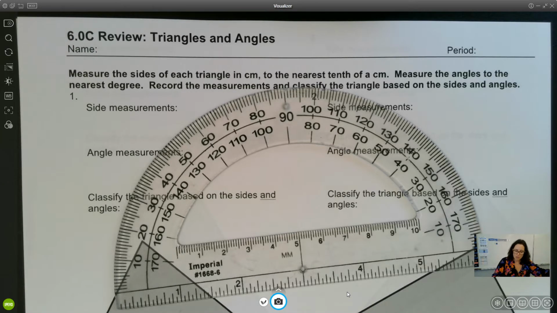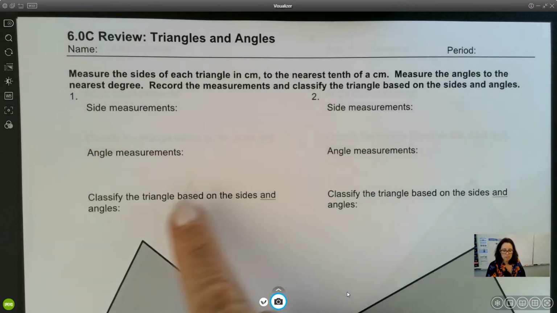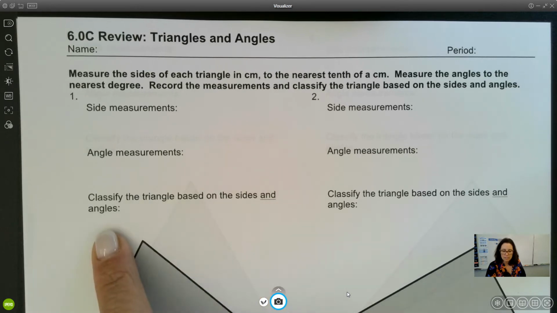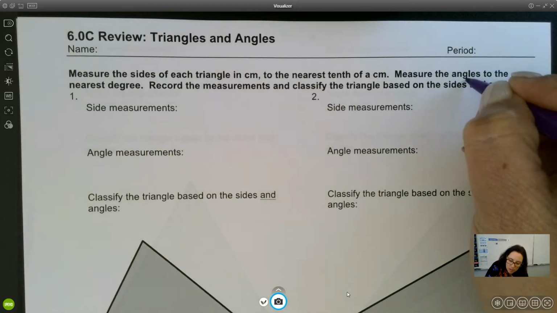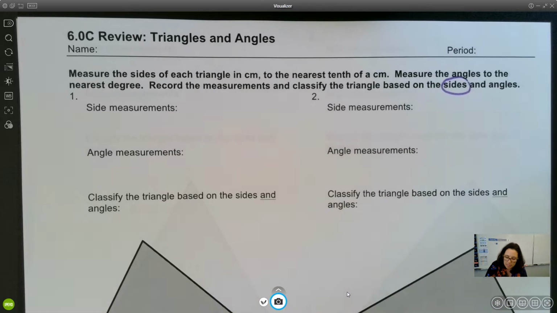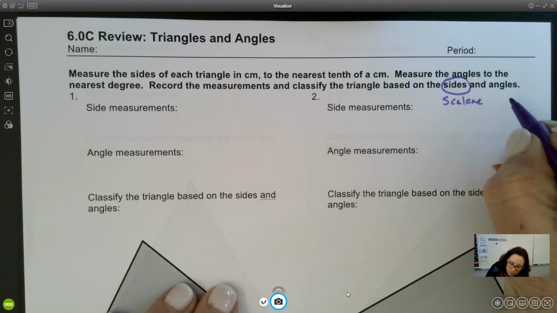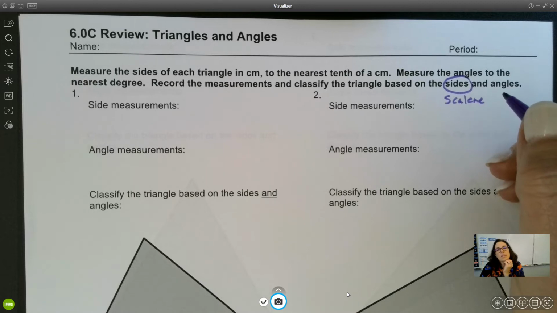All right, so you are making side measurements, angle measurements, and then you're classifying the triangles based on sides and angles. Please remember that sides are either going to be scalene, equilateral, and isosceles.